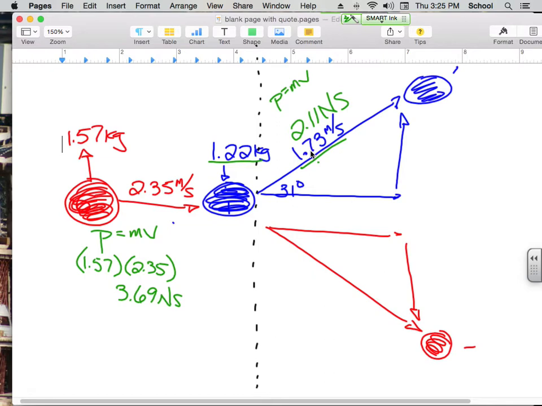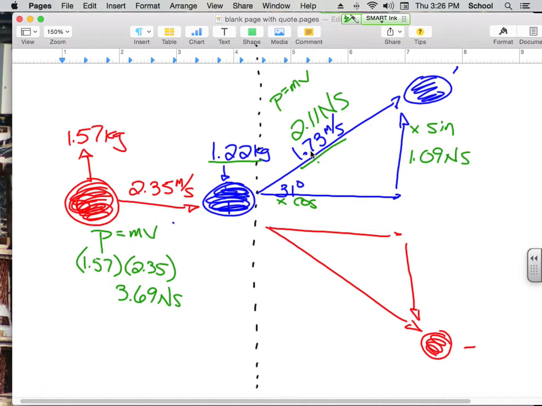And then I have this triangle. The 2.11 is the what of the triangle? The hypotenuse. So if I'm looking for this side, I'm going to have to use cosine, and if I'm looking for this side, I'm going to have to use sine. If I take the sine of 31 times the 2.11, I find that this is 1.09.